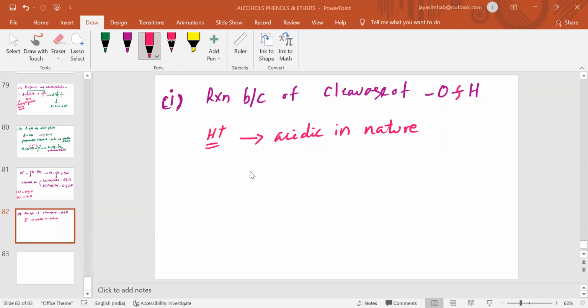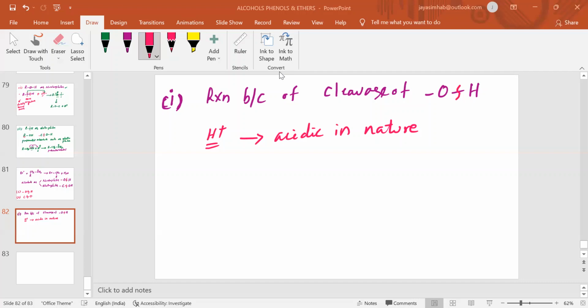So here H plus ion is responsible for the acidic nature, right? Whenever the OH bond is broken down, H plus is released. Generally, that indicates the acidic nature of a particular chemical species. Here also, cleavage of OH in alcohols represents its acidic nature. So how is that shown by alcohols? Because of two reactions.